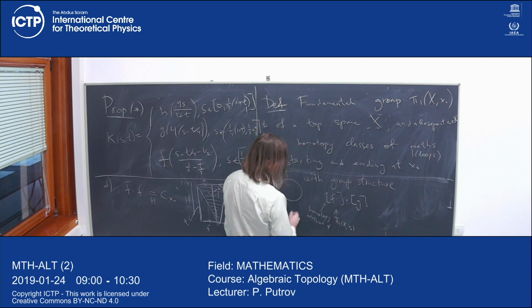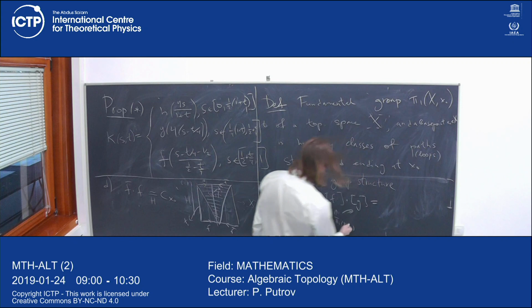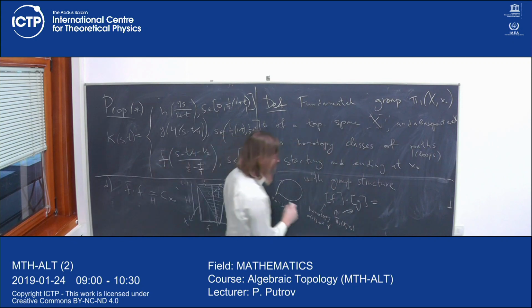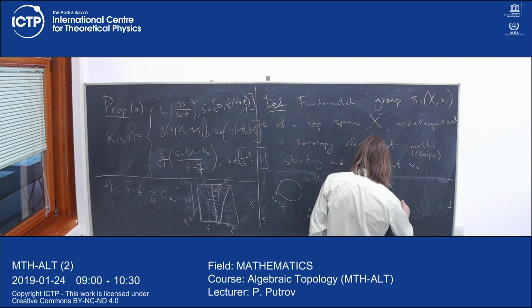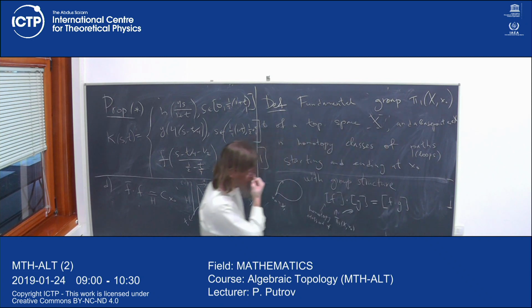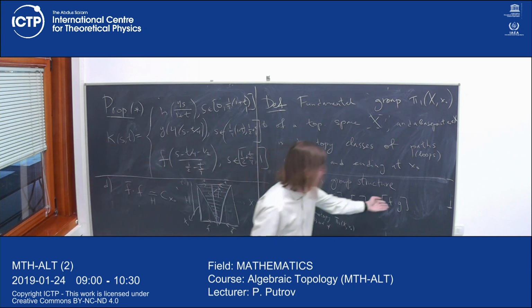I want to define group multiplication, so if I take another element of the set, the multiplication should be the homotopy class of the composition of two paths.